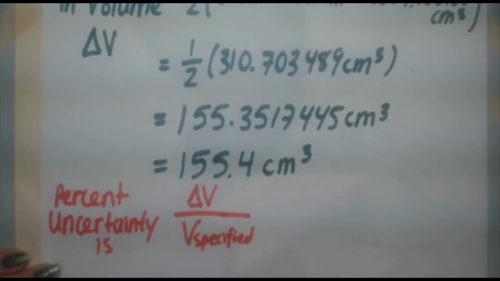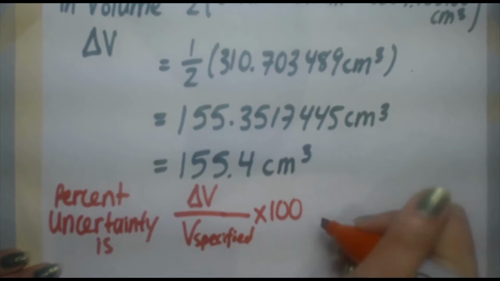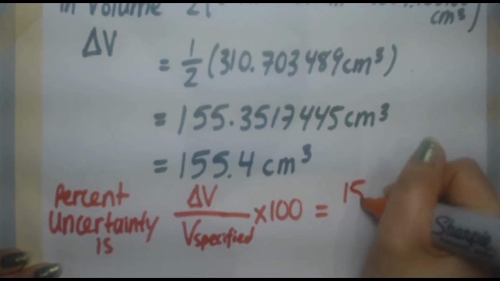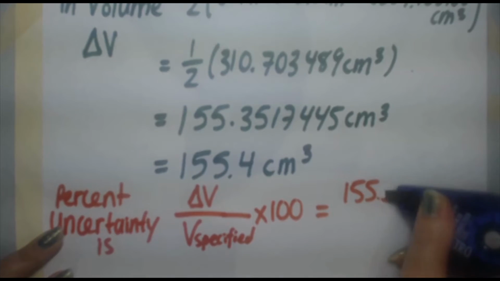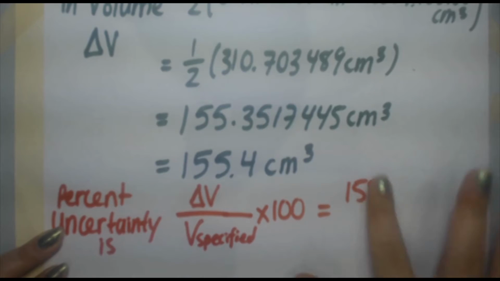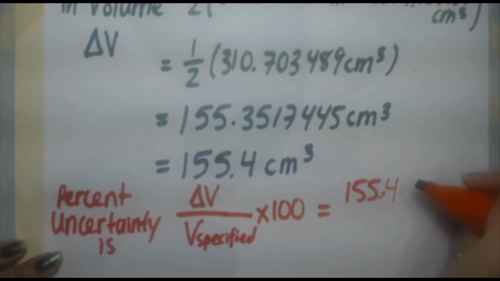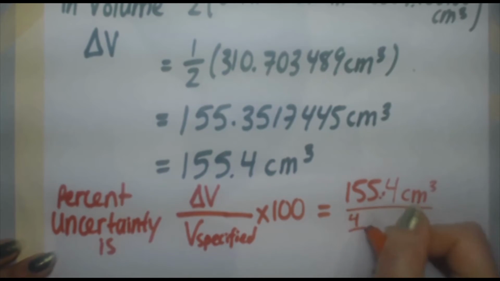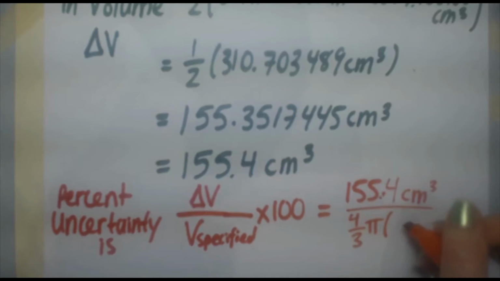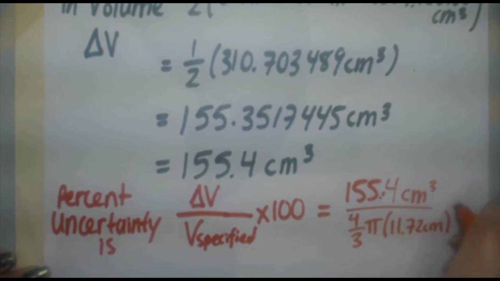And of course we have to multiply that by 100. If we plug that in, we're going to get 155.4 centimeters cubed divided by 4/3 pi. The radius that was given in the problem is 11.72 centimeters cubed. You can see the centimeter cubes are going to cancel out, and that value gets multiplied by 100.